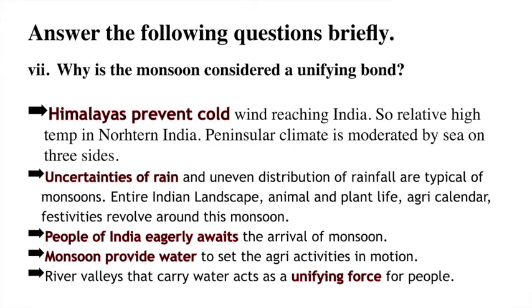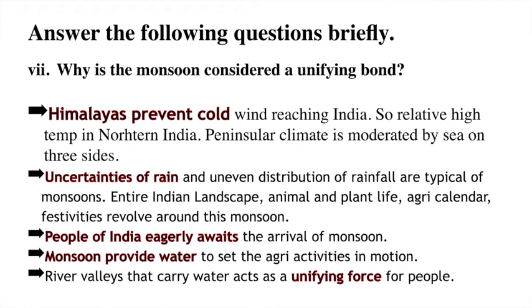Still, it unifies people across the country, because look at the Himalayas. The Himalayas prevent cold wind from reaching India from Central Asia. Just because of this Himalaya, people all over India enjoy mild colder conditions. Without this, people would have suffered a lot.